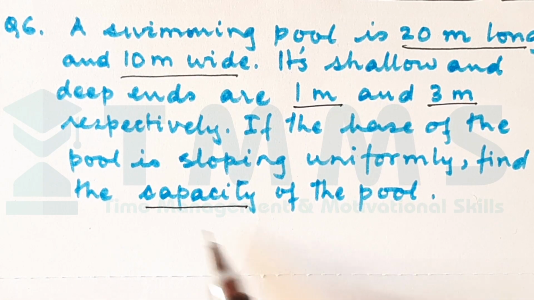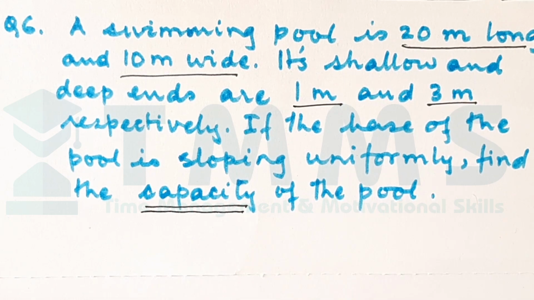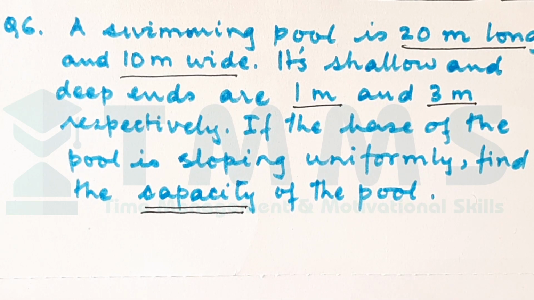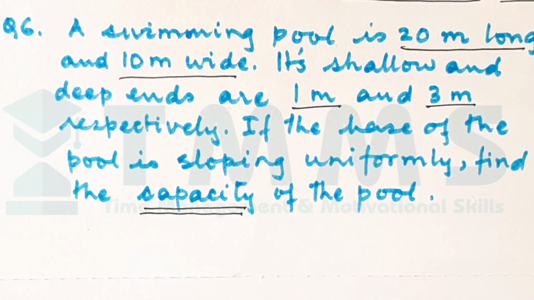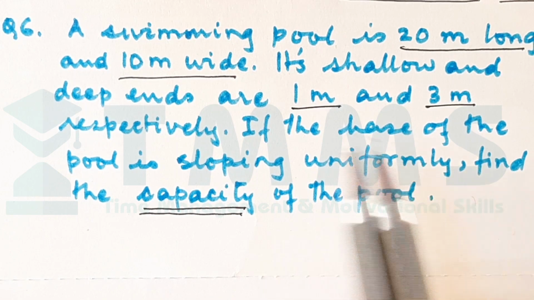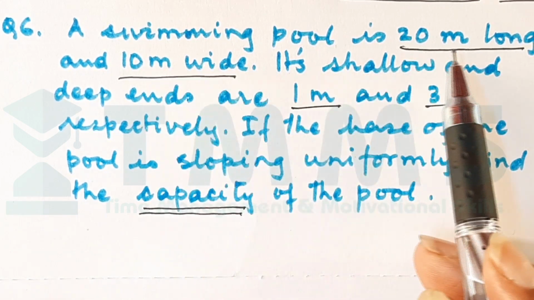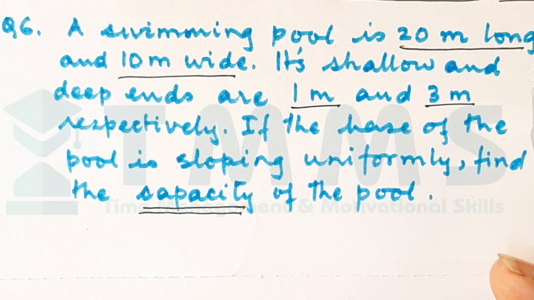Understand the words. Capacity means how much water it is going to contain, which means what is its volume. So you have to find the volume. Now in order to find the volume, now remember, this is not a cube, it is not a cuboid, so you need a diagrammatic representation with the data written, and that is our tip number 2.